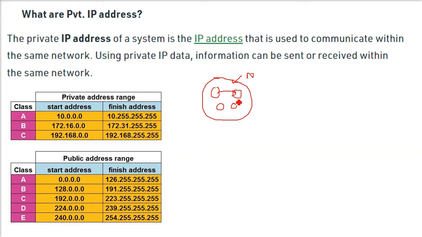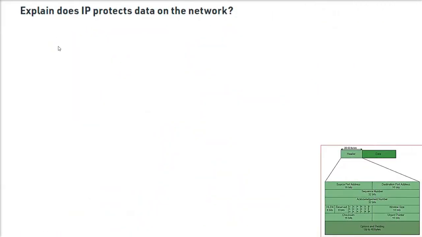You have these systems, laptops, computers, etc. They are in a network and they will use the private address range. So these are the ranges you see here. Using private IP addresses, information can be sent or received within the same network. So whenever you see your IP in your system, you will normally see 192.168 point something.